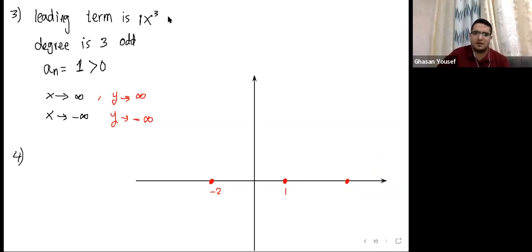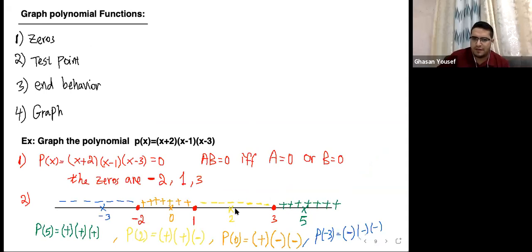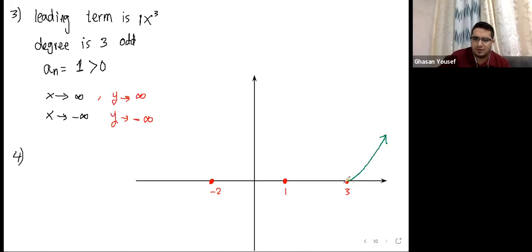So the curve should be above the x-axis like this, because positive. Now we have negative, right? This is negative, meaning the graph of the function should be below the x-axis. So here it is below the x-axis.